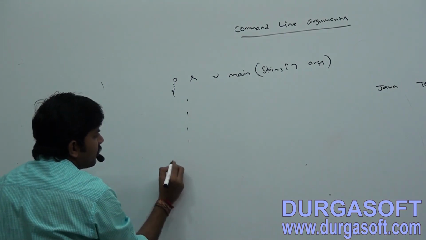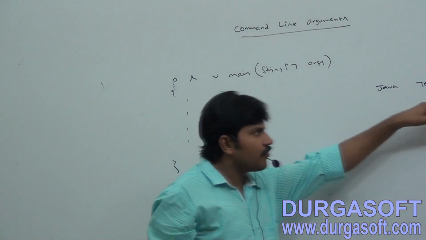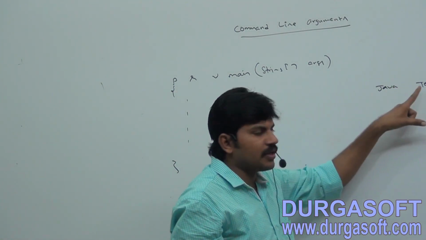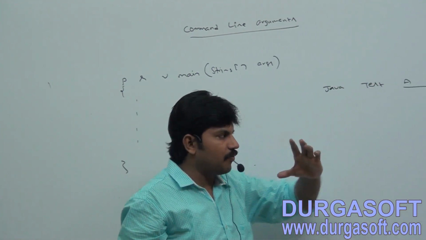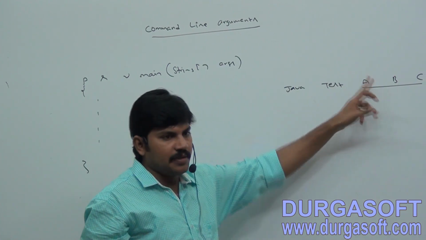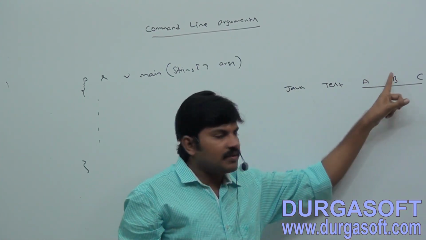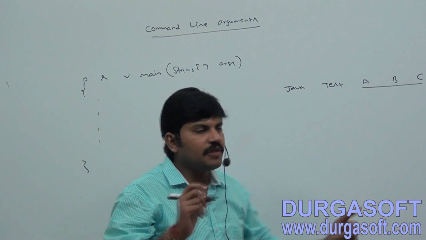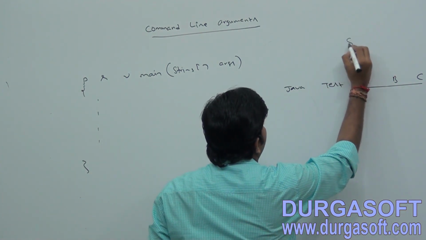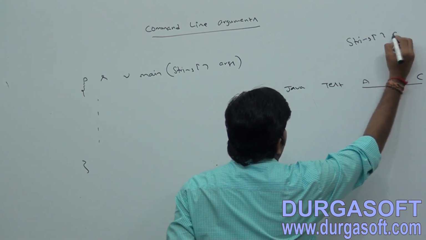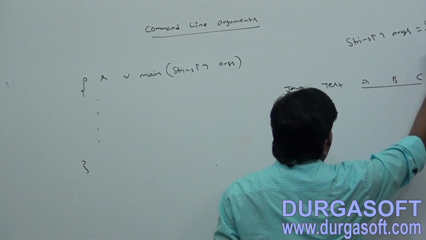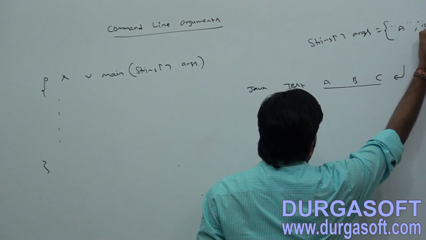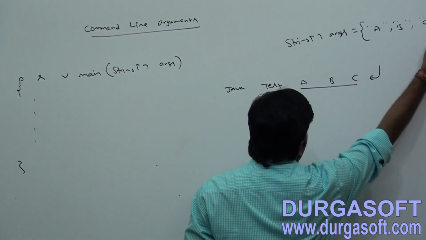Just observe here, whenever we are executing test class from command prompt, Java test ABC, with these arguments, JVM is going to create one string array. JVM will create what? One string array with these command line arguments, A, B, C, like this.